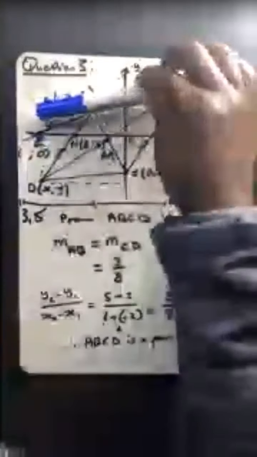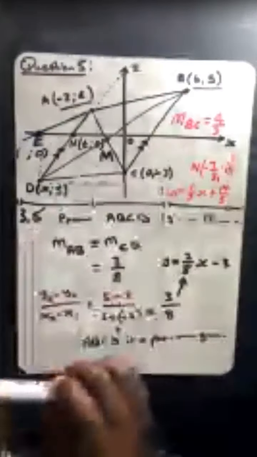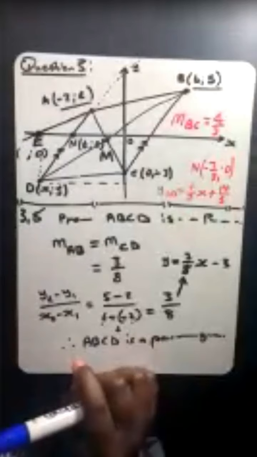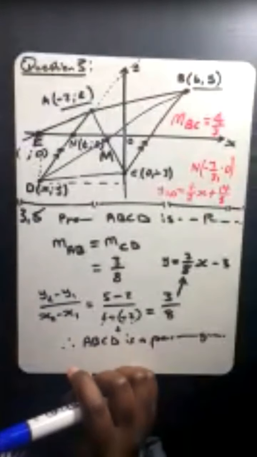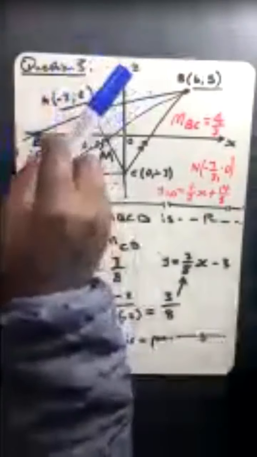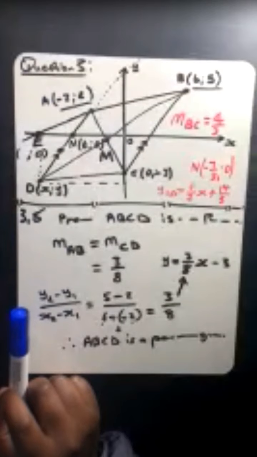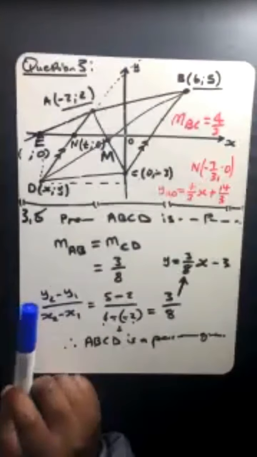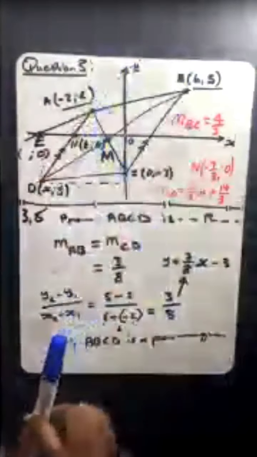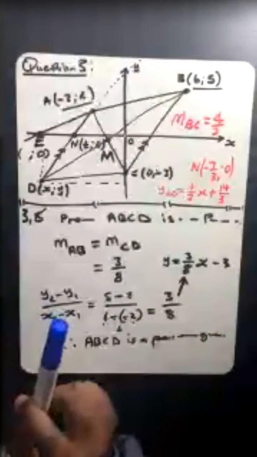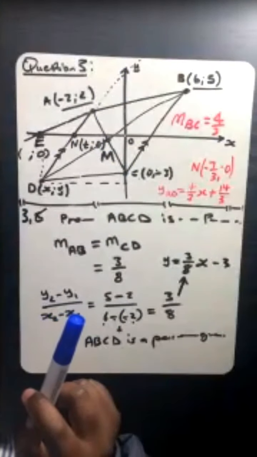If these two lines are equal, it means it's a parallelogram. That means if the distances are equal, this is a parallelogram. Yes, sir.